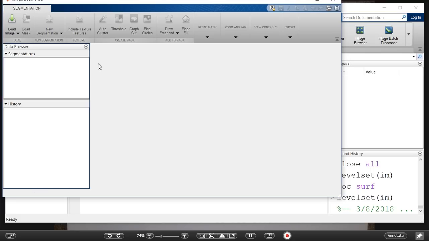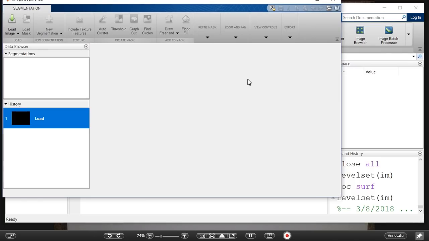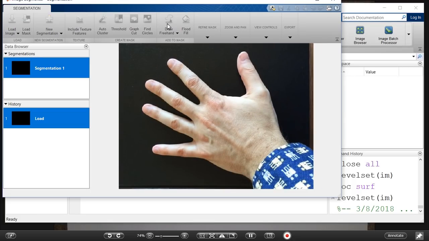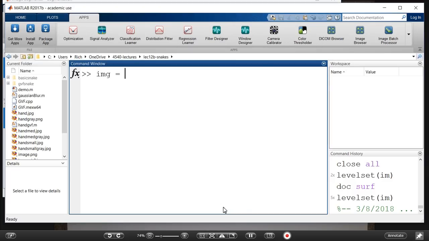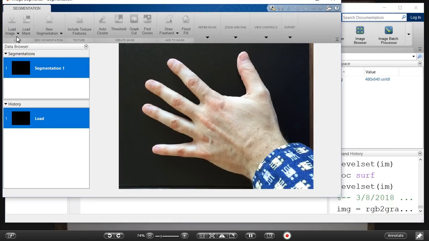I'm going to load up an image, and because this is a color image, maybe I should convert it to grayscale first.